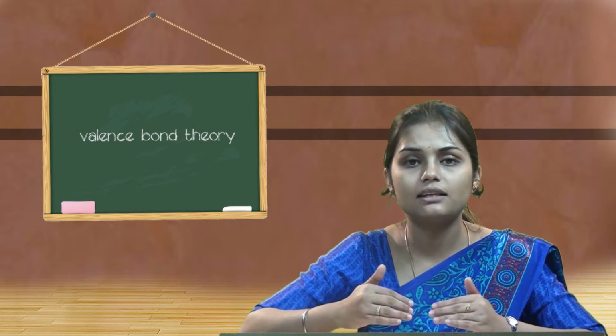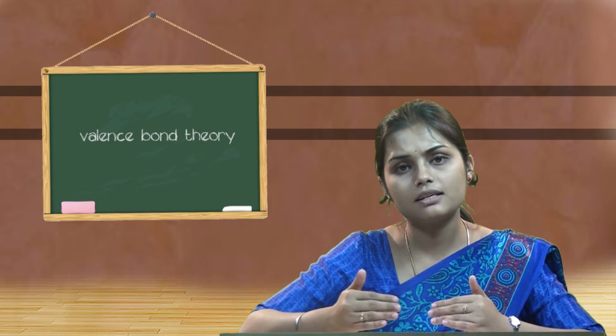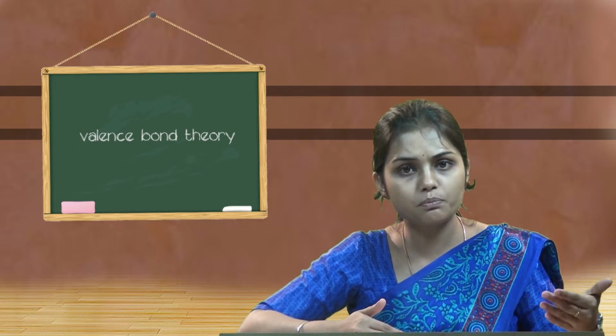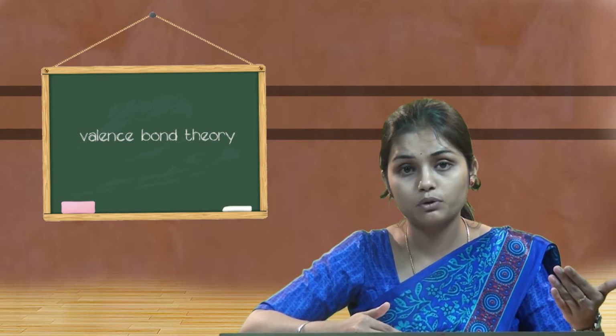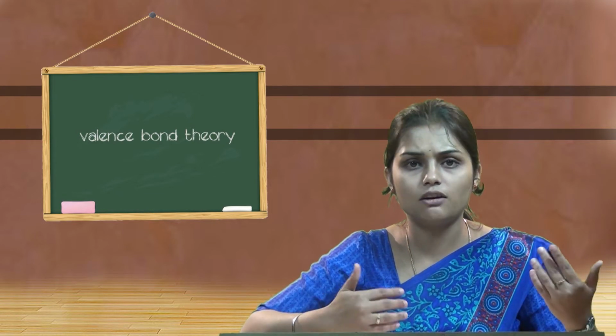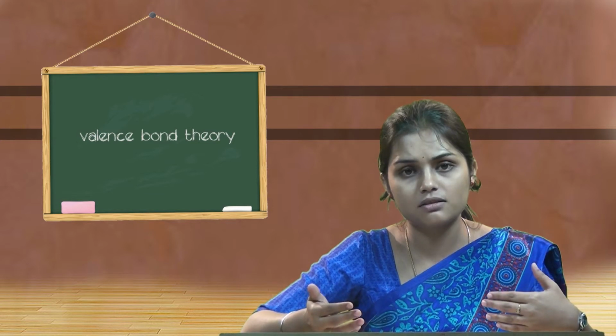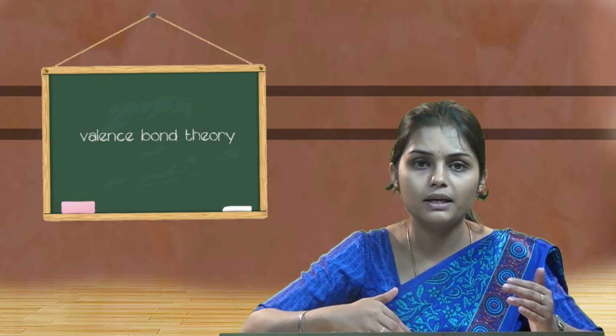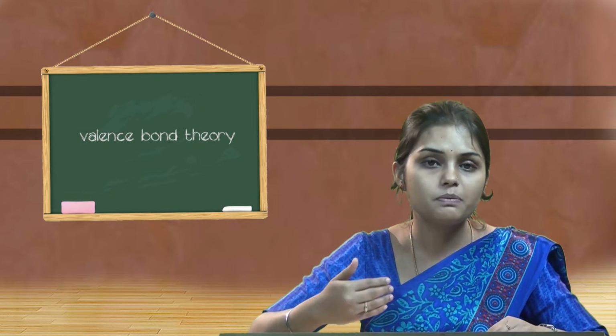What is exactly the reason? Why does a particular central metal ion in a particular oxidation state show both high spin and low spin complexes, or outer and inner orbital complexes? That is not explained by the VBT.